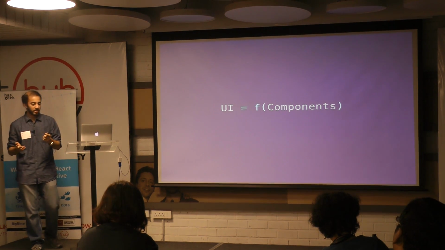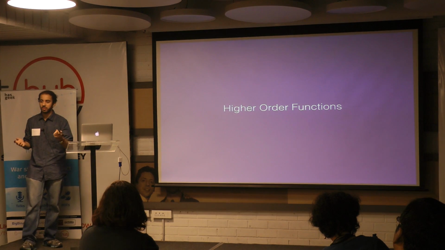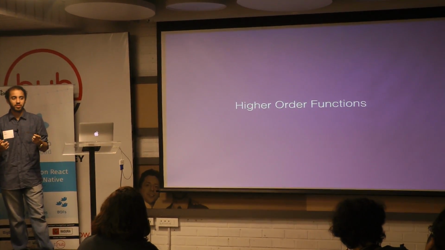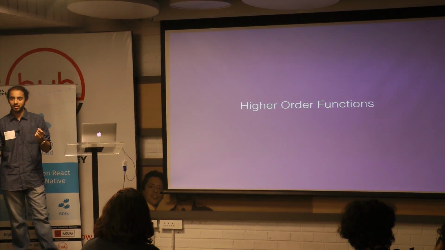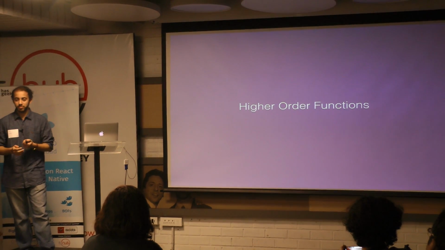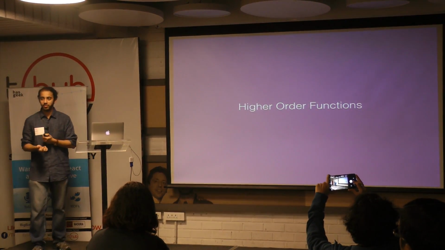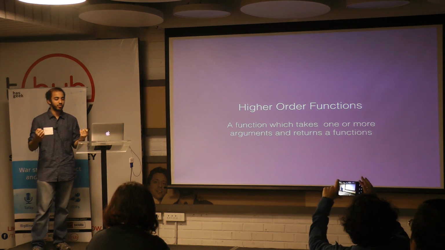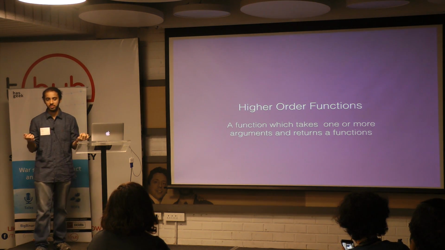So before we get to what a higher order component is, let's just get an idea of what higher order functions are. Anyone here who's done some bit of functional programming? So we'll know that a simple definition of a higher order function is a function which takes arguments and returns another function.